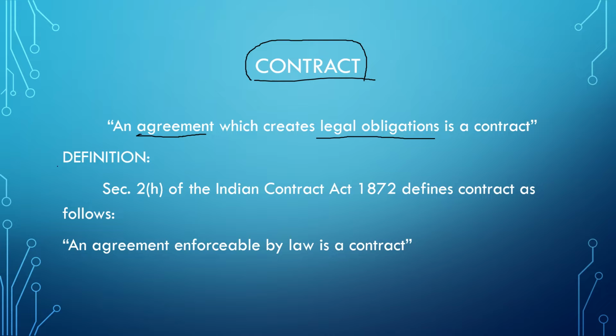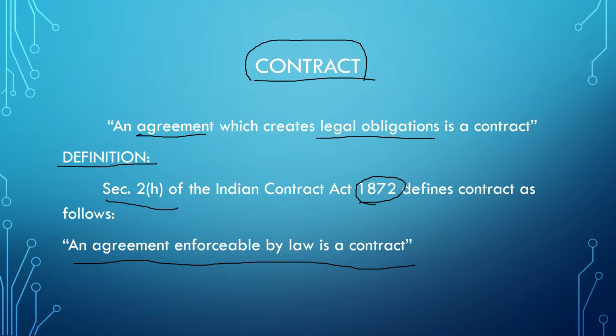And then, the definition of a business contract comes under Section 2(h) of the Indian Contract Act, 1872. It is defined as follows: an agreement which is enforceable by law is a contract.